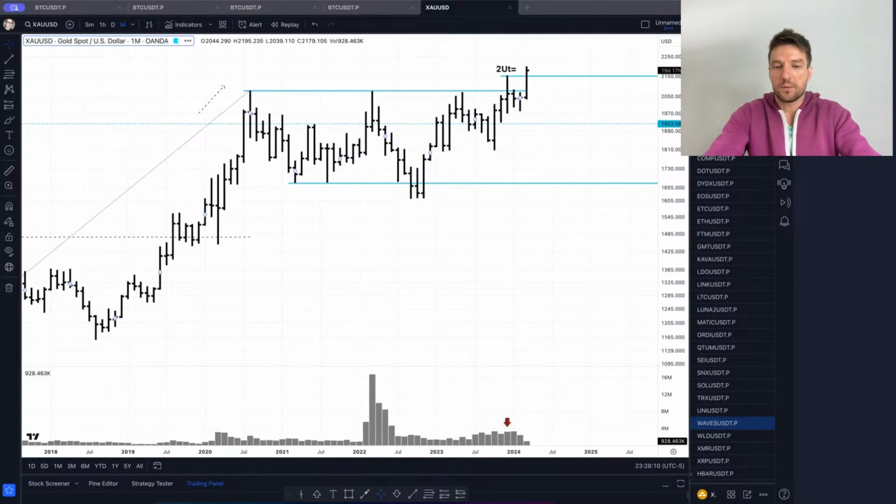So if it breaks and closes March above this higher level and April closes bullish, then the resistance level is broken, but not till then.